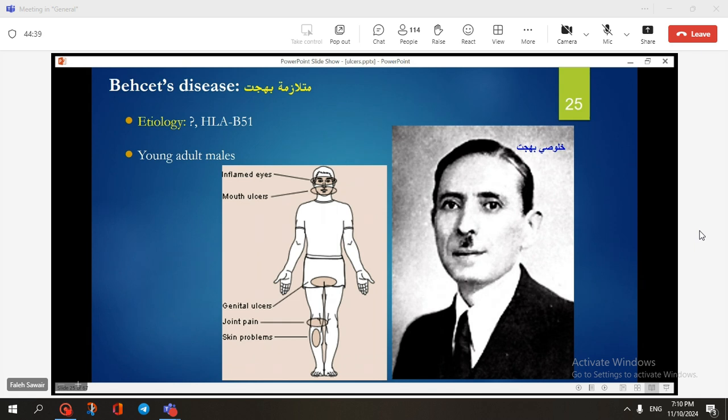So there are multiple things happening together. These were described by a Turkish ophthalmologist called Behçet, and they call this association of symptoms and signs Behçet disease.